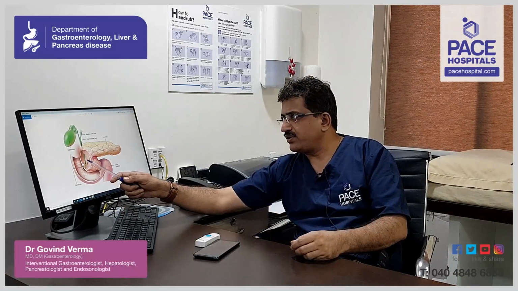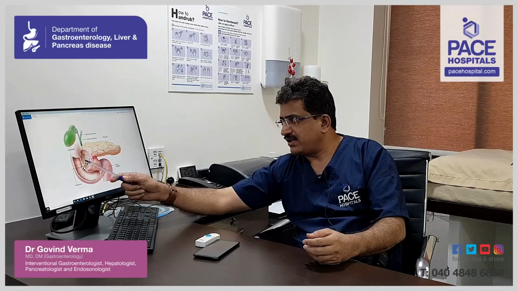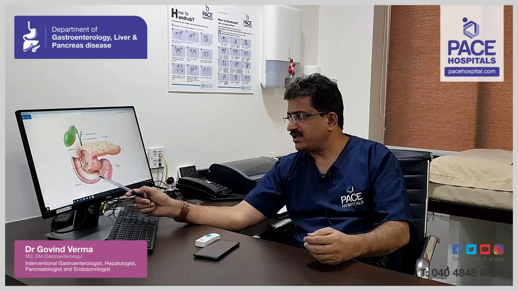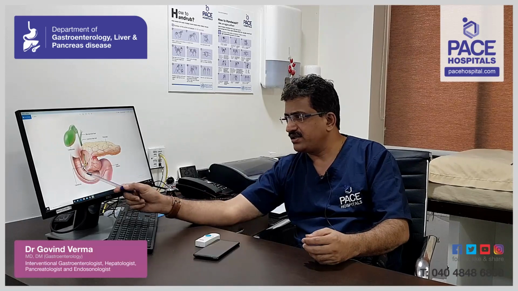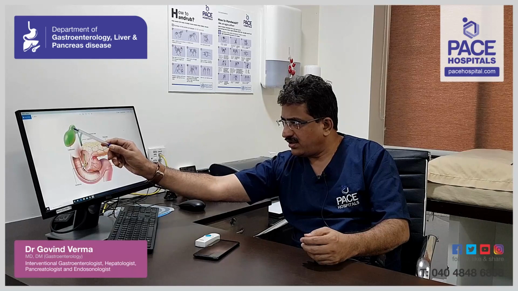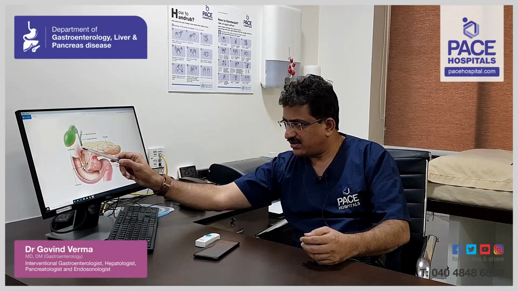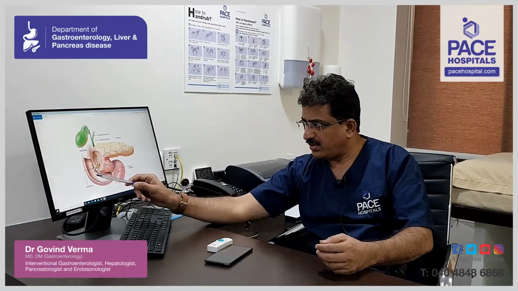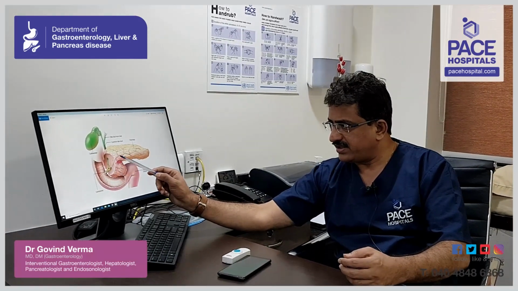This is just to demonstrate what exactly the pancreas is. As you can see in this picture, this is the pancreatic gland, which is situated by the side of the small intestine called the duodenum, part 2 of the duodenum, and this is the gallbladder and the cystic duct, the bile duct, which traverses down and then opens into the small intestine along with the pancreatic duct.